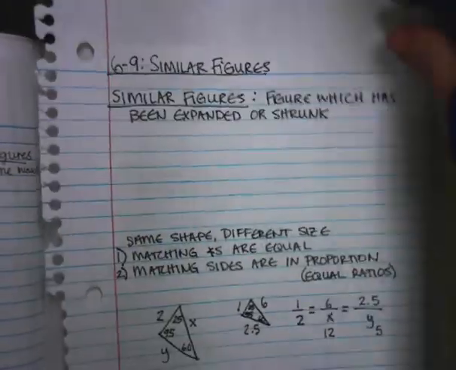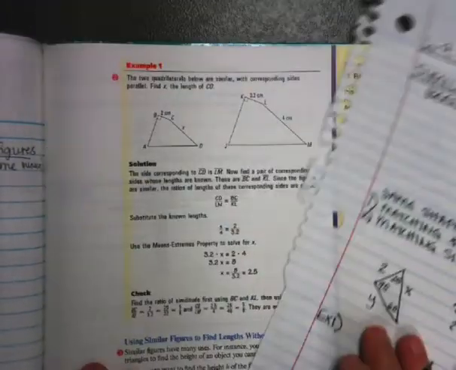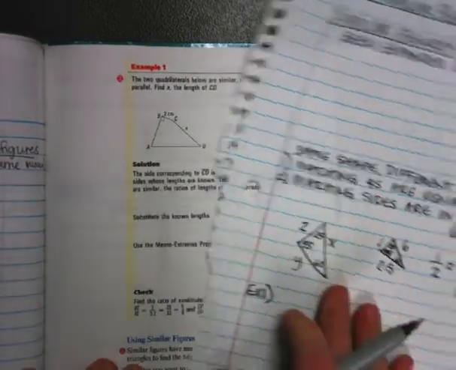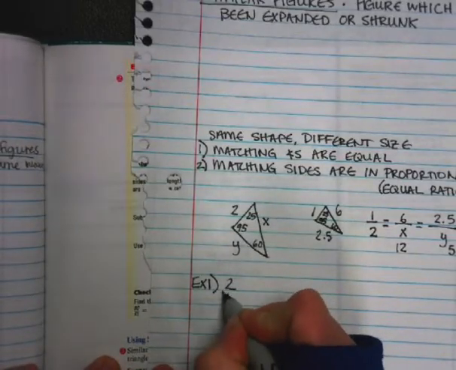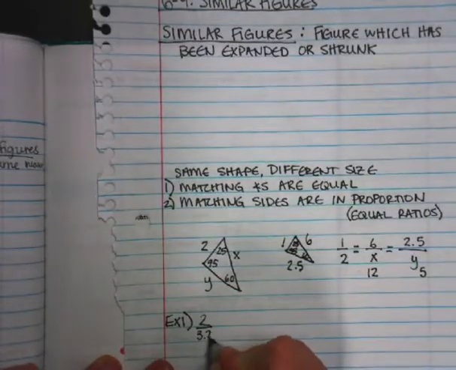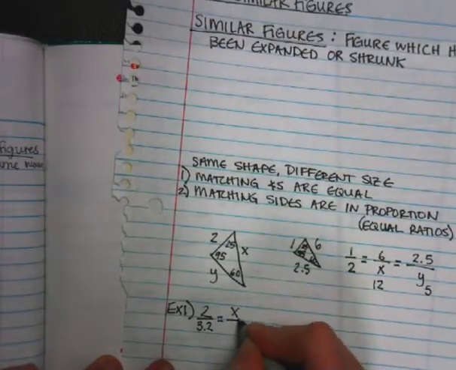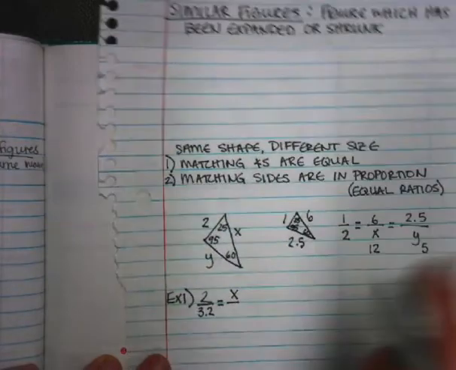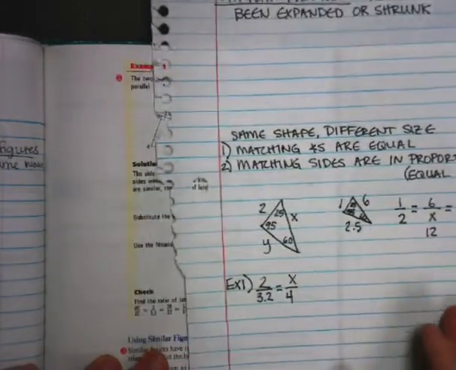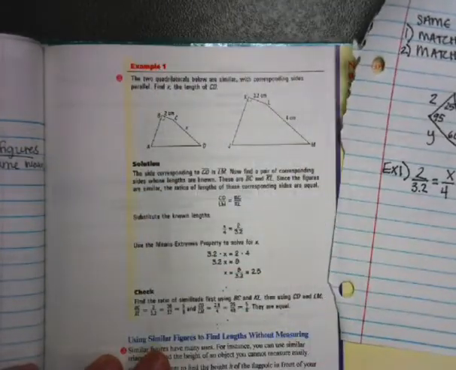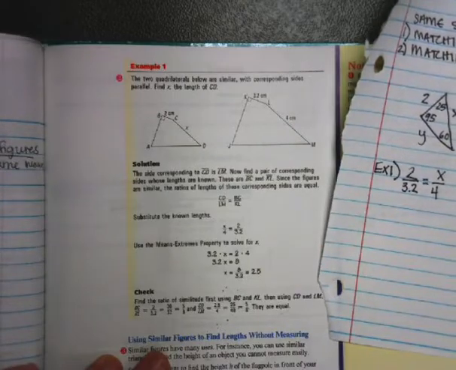So I'm going to write a proportion. Well, 2 matches with 3.2, and that has to be equal with X matching up with 4. So 2 matches with 3.2, X matches with 4.